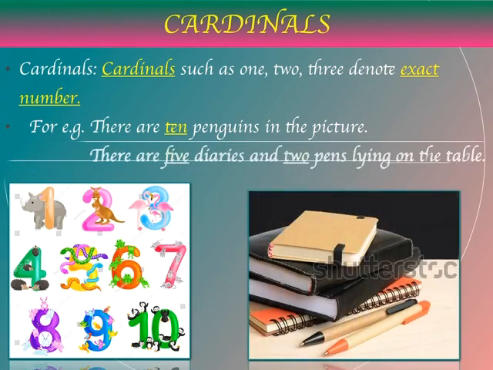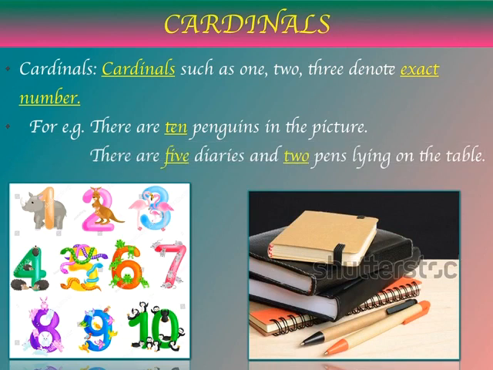Let's see one more example. There are 5 diaries and 2 pens lying on the table. So students, can you guess which are the cardinals over here? Yes, we have two nouns in this sentence, diaries and pens, and the word 5 describes the diaries, that is, how many diaries are there on the table.